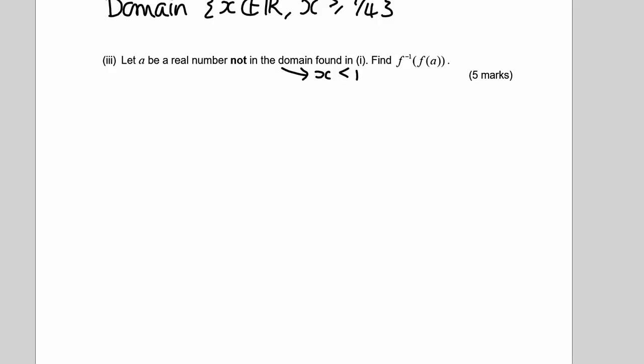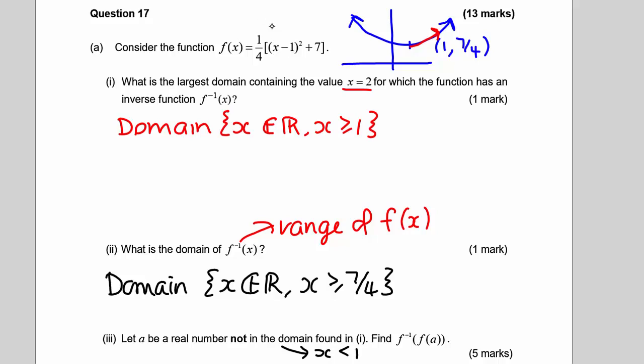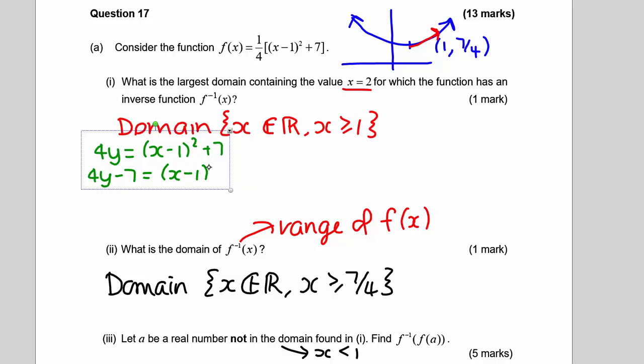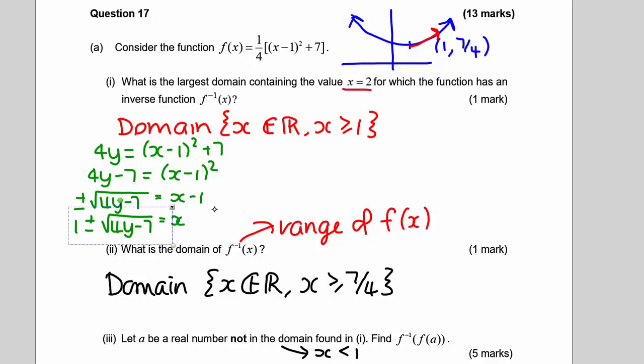Now, just as a total aside, since we have room up here, I'm going to do my rearranging. I'm going to start off by saying that 4y equals x take 1 all squared plus 7. 4y take 7 equals x take 1 all squared, plus or minus the square root of 4y take 7 equals x take 1. 1 plus or minus the square root of 4y take 7 equals x.